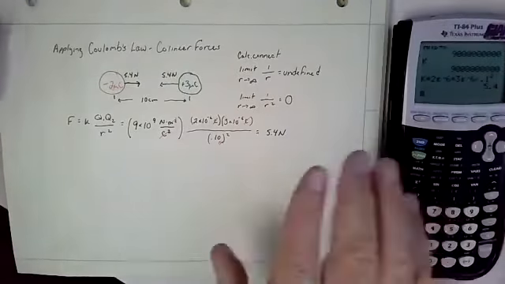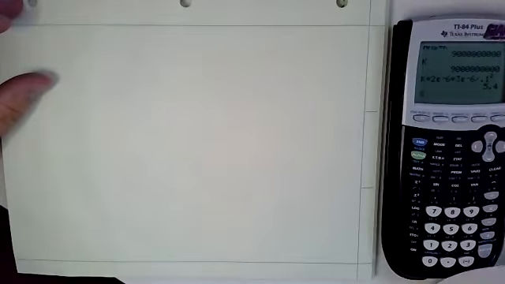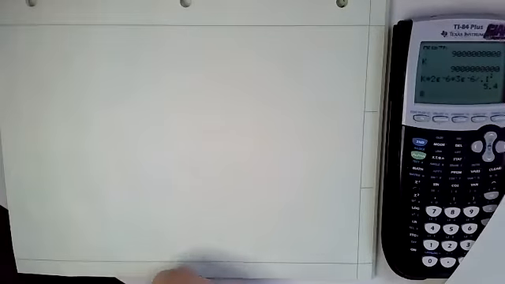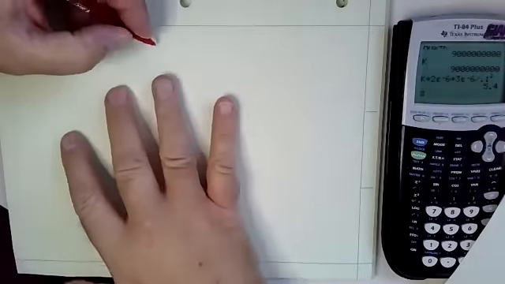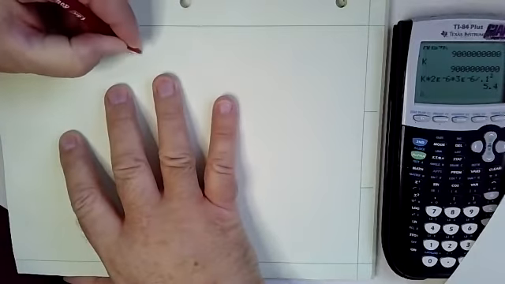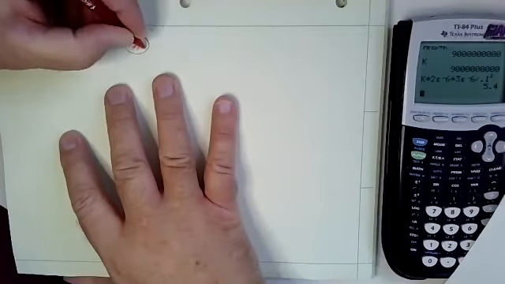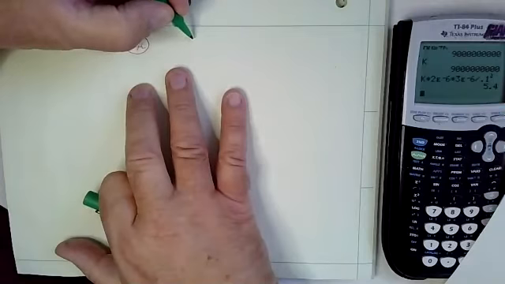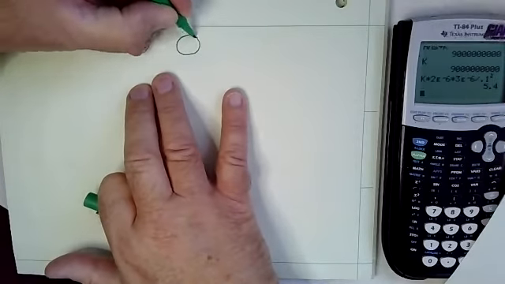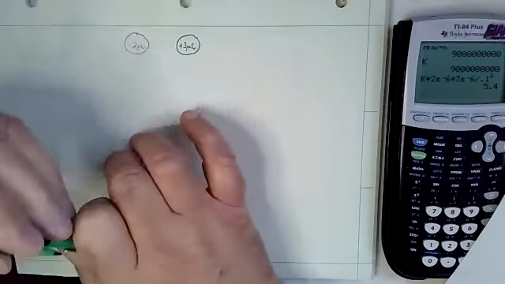Okay, in this next example, let's put 3 of them there and see what that looks like. We're going to need some space for this example. So let's go back. Let's do our -2 microcoulombs, and then our +3 microcoulombs.